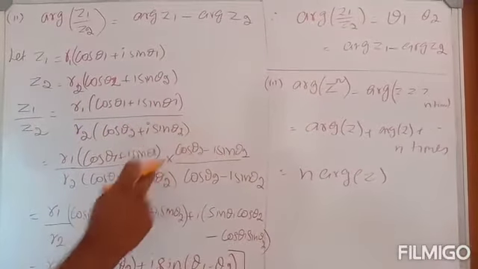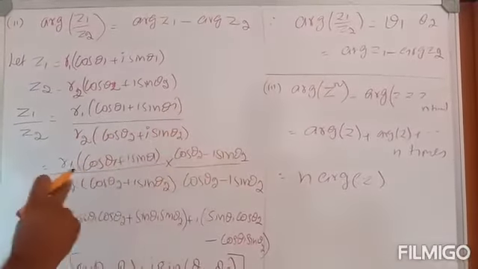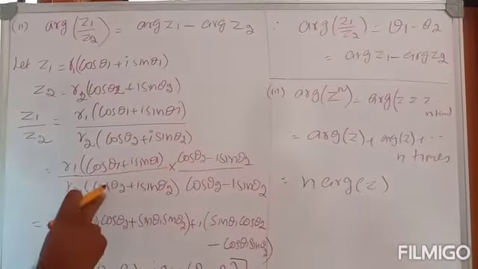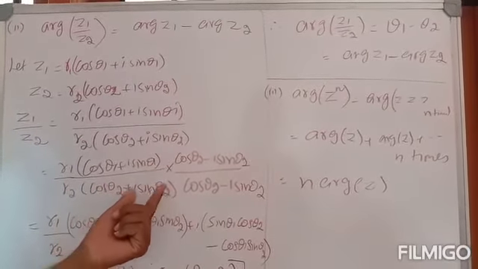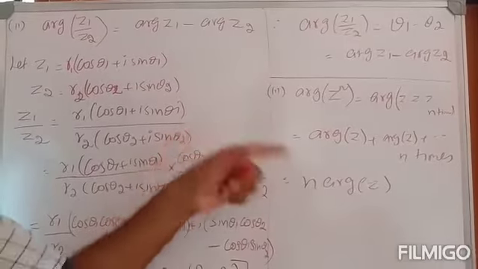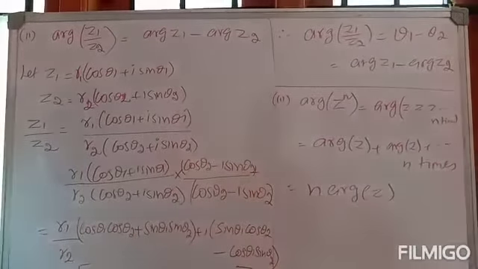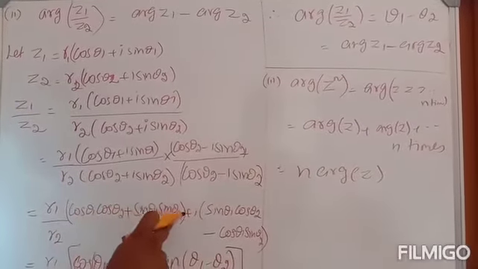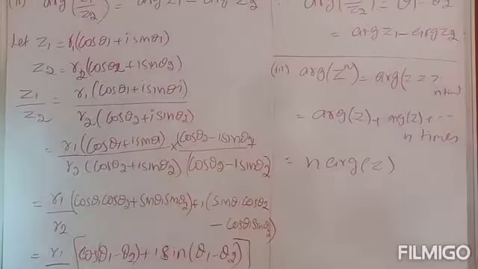We can use this formula here: cos theta 1 cos theta 2 minus sin theta 1 sin theta 2 is cos of theta 1 plus theta 2. In the same way, sin a cos b plus cos a sin b is sin of a plus b, so that is sin of theta 1 plus theta 2. So arg of z1 into z2 equals theta 1 plus theta 2, which is arg of z1 plus arg of z2.